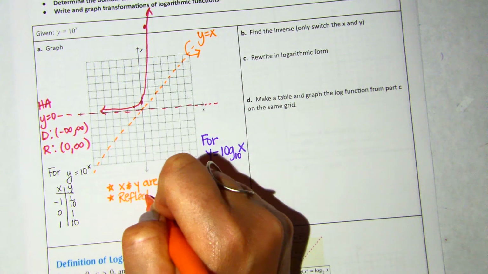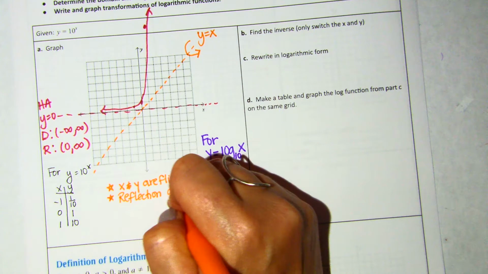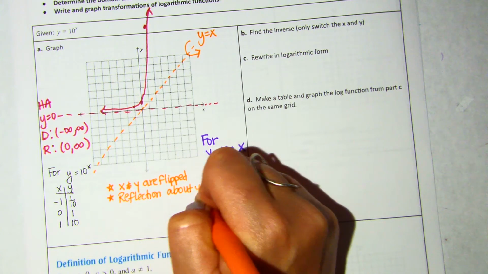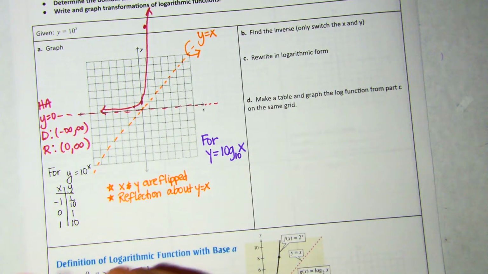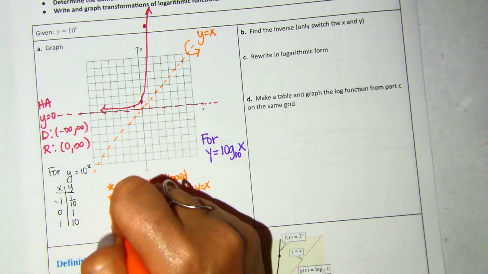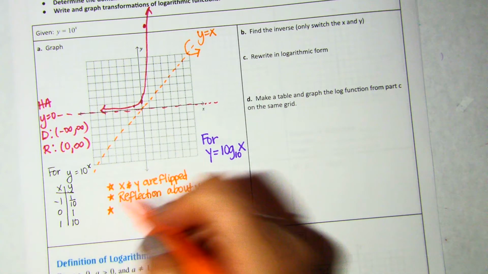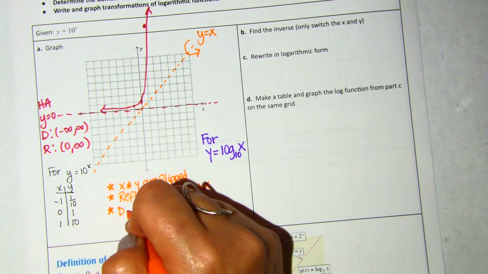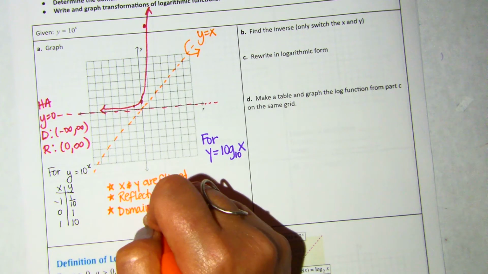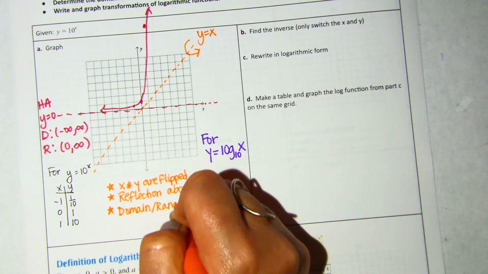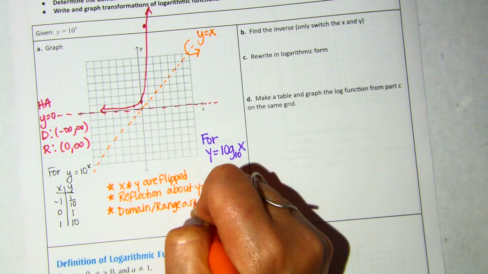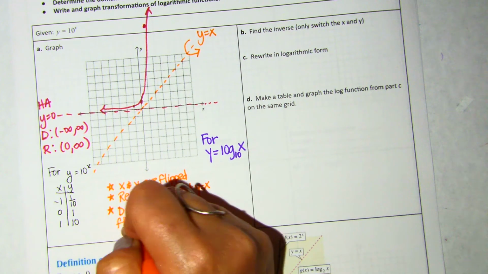It's a reflection about y equals x. That's what inverses always are. And because the x's and y's are flipped, the domain and the range are also flipped.